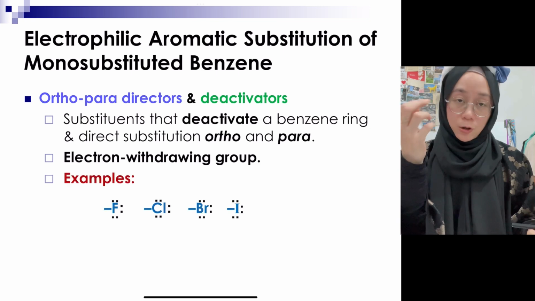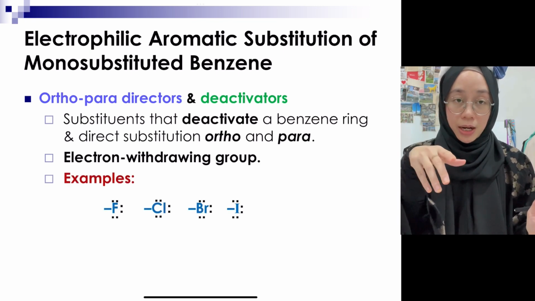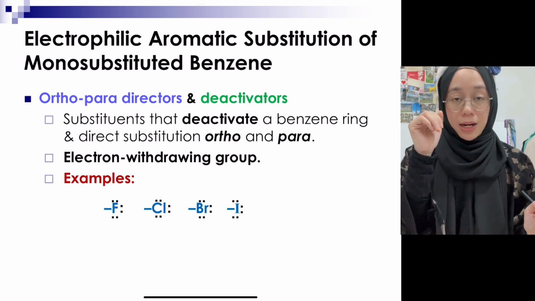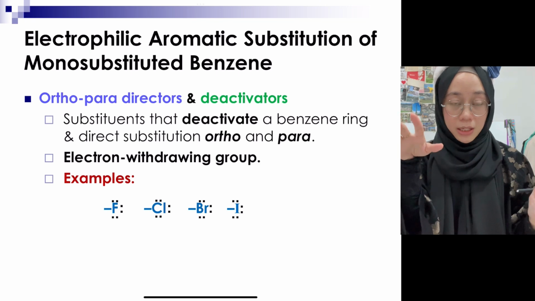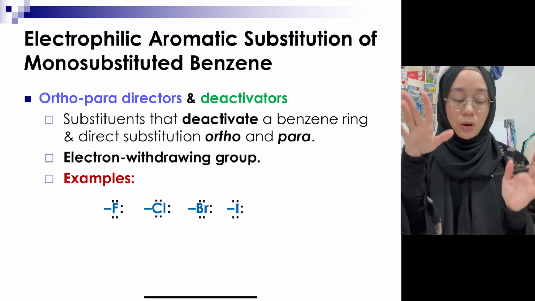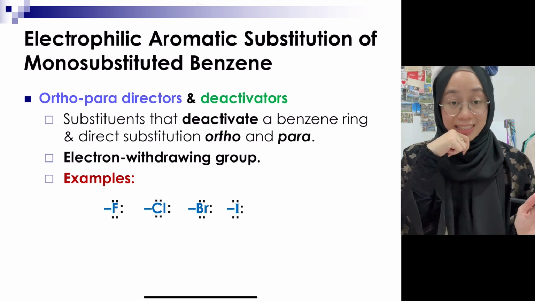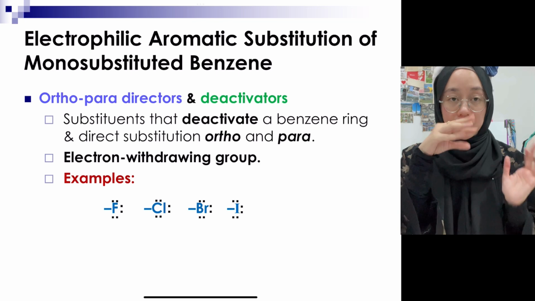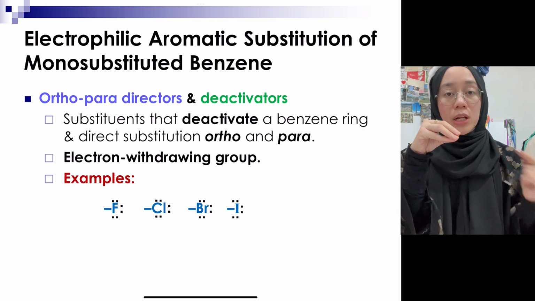Kita ada halogen. Okay, so semua halogen, tak kisahlah F, Cl, Br ataupun I, walaupun kita jarang deal with F dengan I, usually kita tengok chlorine dengan bromine je, tapi all of them halogen ni, they are all considered as ortho-para directors, but they are deactivators.